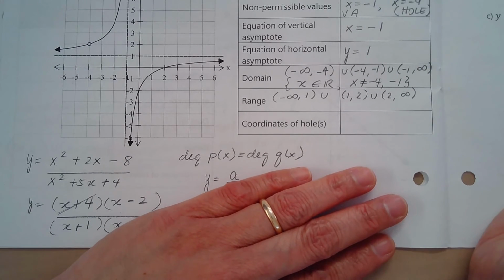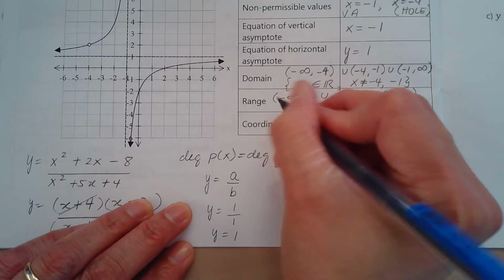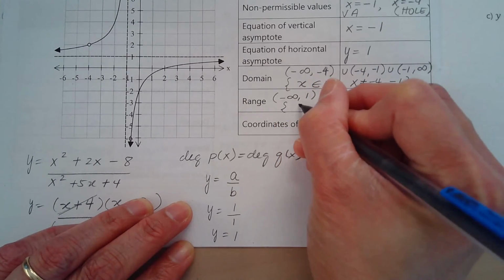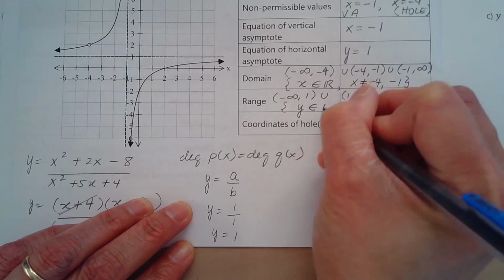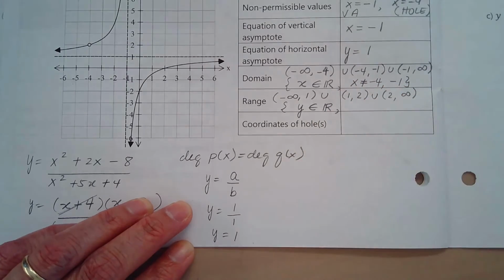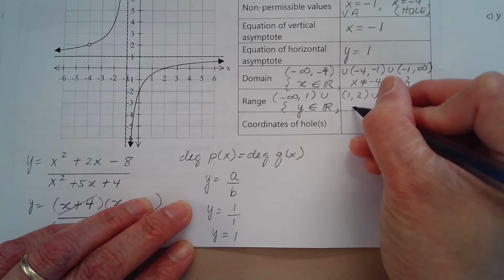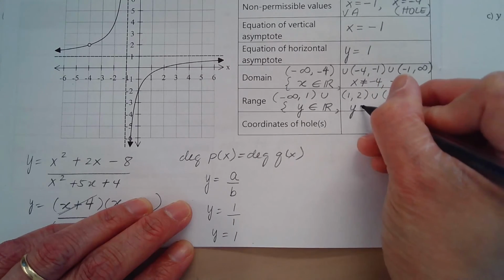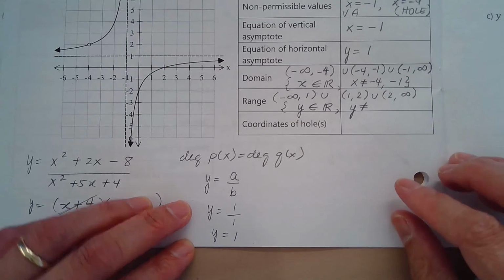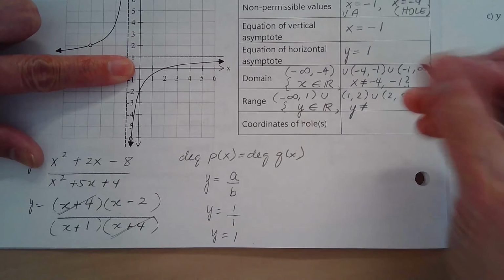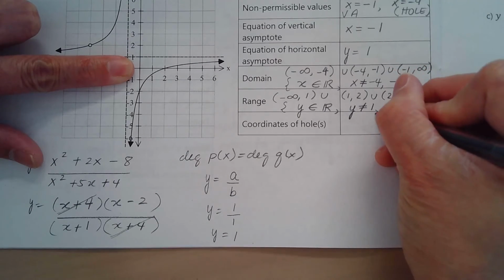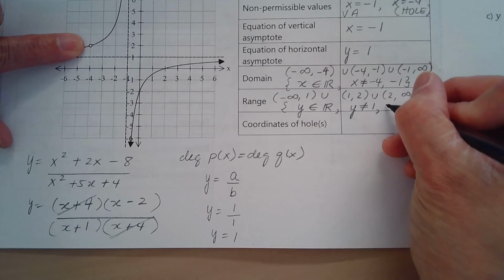What's the other possibility? y is an element of real numbers with an exception of y cannot equal 1 and positive 2.